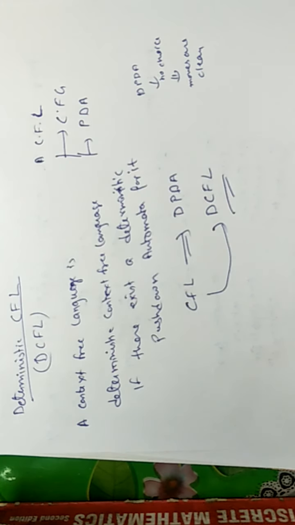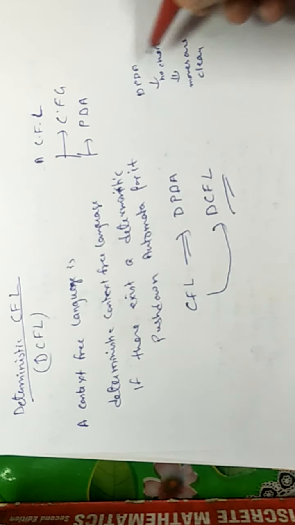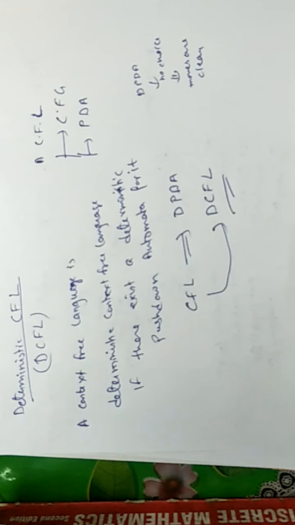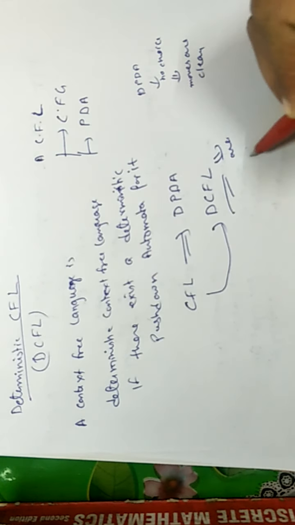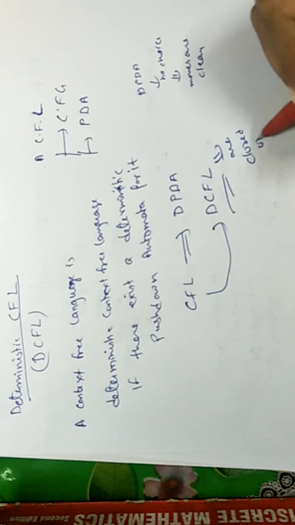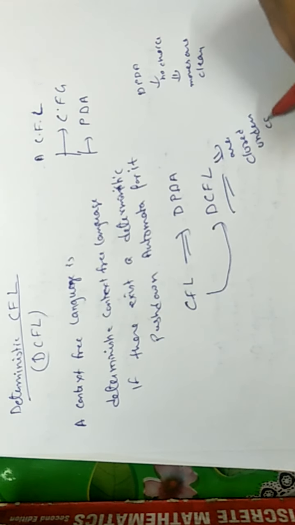So in DPDA we can design the complement also, as in DFA we can take the complement by switching the states between final and non-final. Similarly in DPDA we can design the PDA for the complement of that language also. So DCFLs are closed under complement.